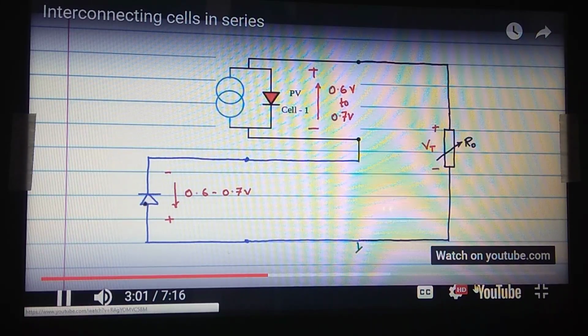You can put a bypass for a module, for a cluster of cells. In such a case, this will work. However, note that there will still be issues of negative power within the module, as long as the overall terminal voltage is still positive.